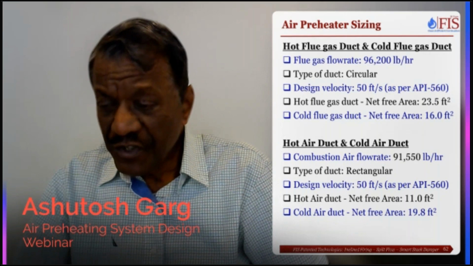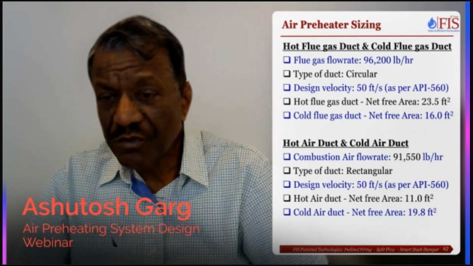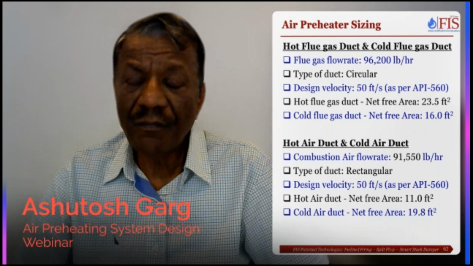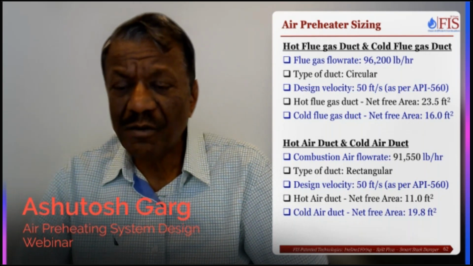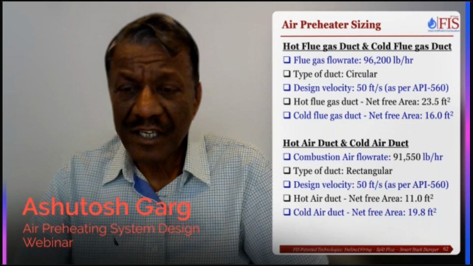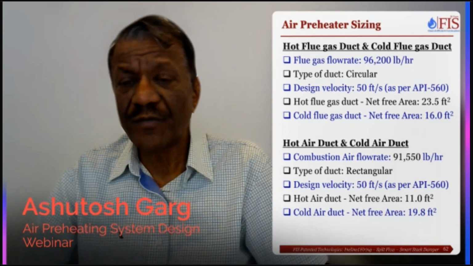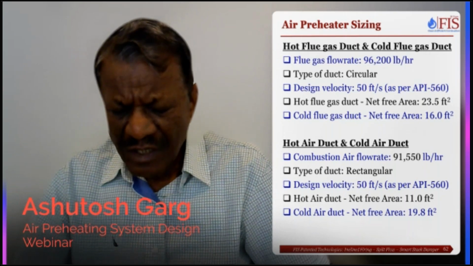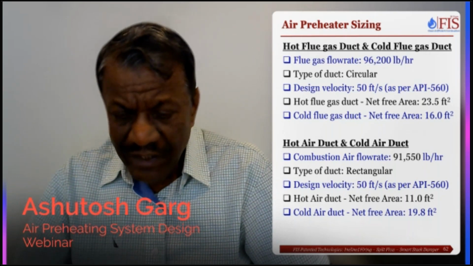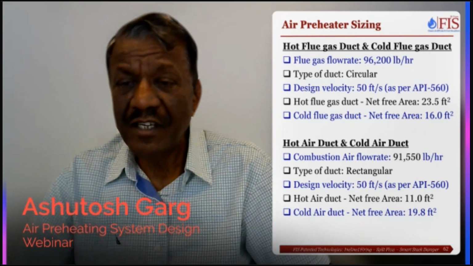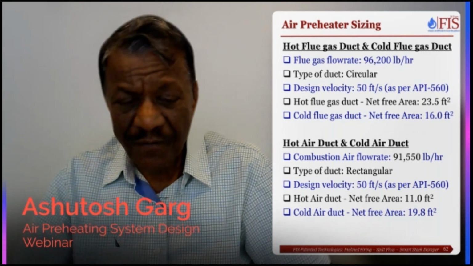So the industry includes end users, engineering companies, vendors. We all met together, I believe, for about 5 or 6 years at least to develop this air preheater specification. It was known as API 533, and later that API 533 got merged into API 560.